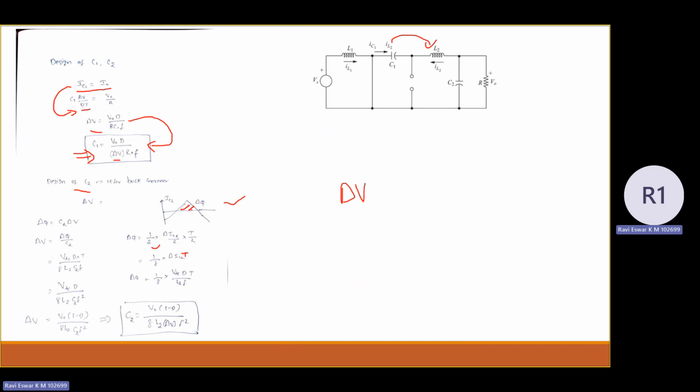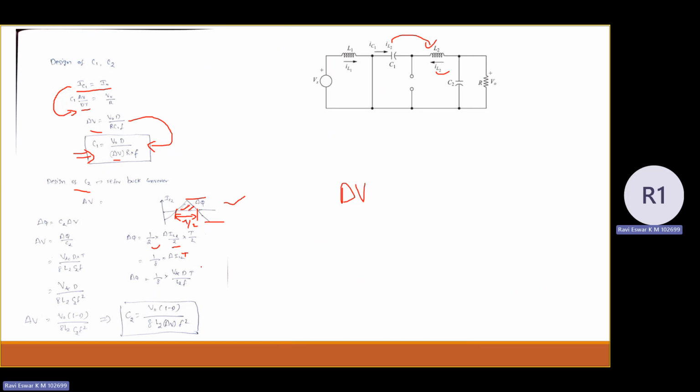This current is with respect to the inductor L2, so that is del IL2, peak to peak ripple current del IL2 divided by 2 into T by 2. So this time is given by T by 2. So from this I can get 1 by 8 into del IL2 into T. So that is what del Q.